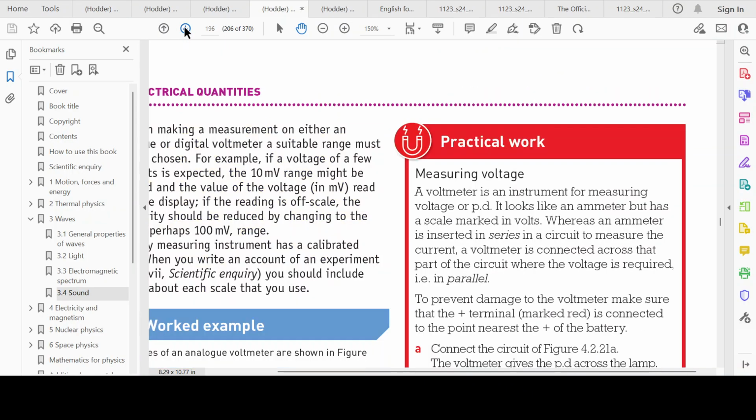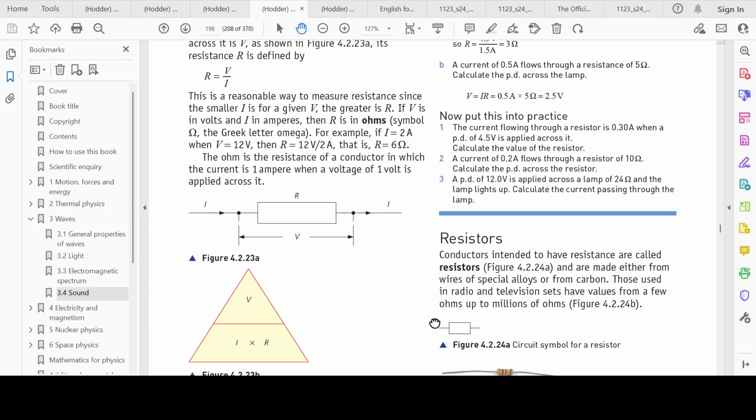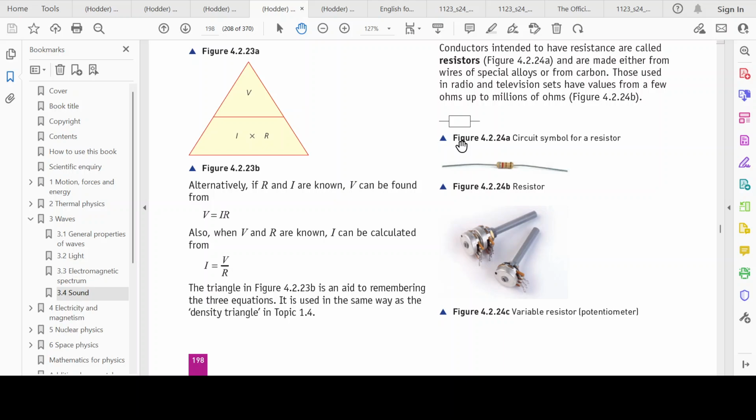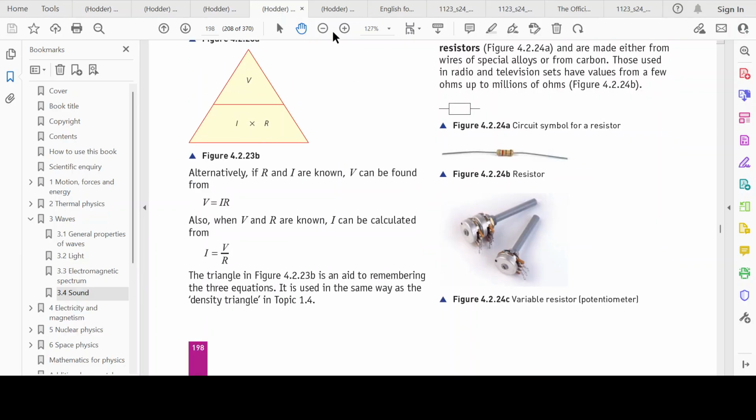And so in case of resistance, I should zoom out. So a resistor is like a rectangle with an R labeled over it. It's a rectangular box, right? So that's a resistor. Or in fact, just a rectangular box. That's how a resistor is shown in a circuit.